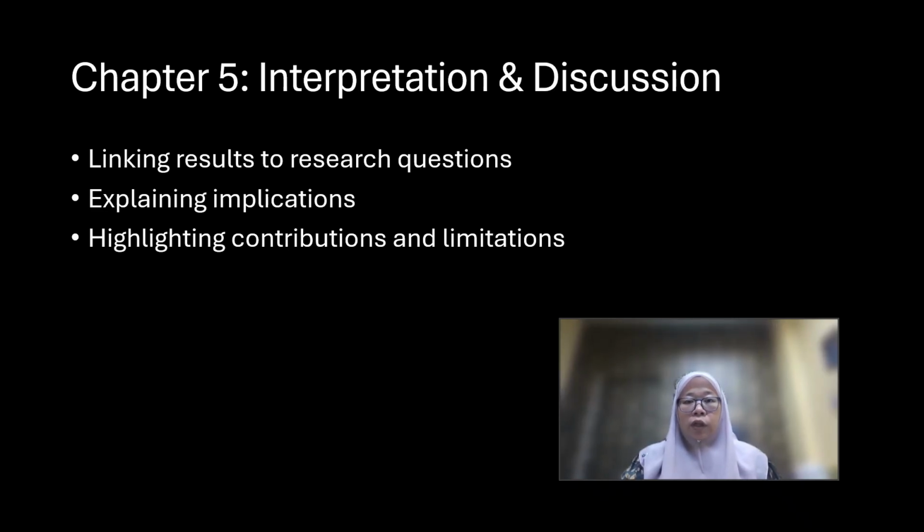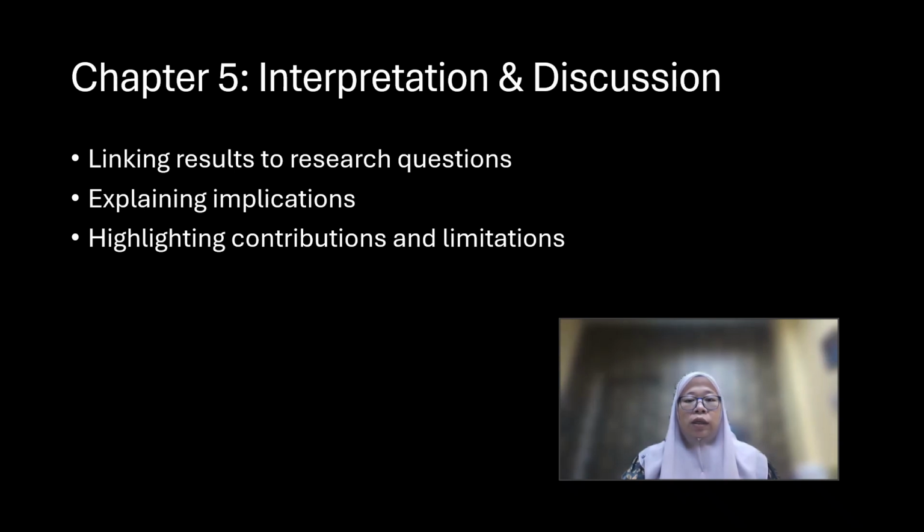After presenting your findings, you will finalize your research in Chapter 5. This chapter ties everything together, and it helps you to give meaning to your work. Under this chapter, you're going to link your results back to the literature. You're going to discuss whether your findings support or contradict previous findings.